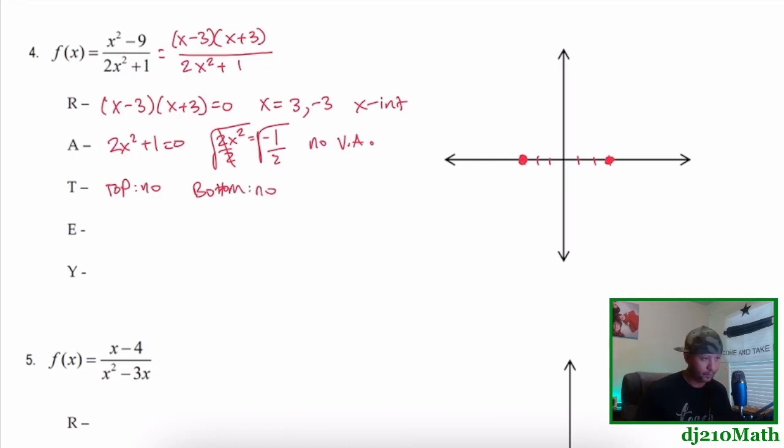Okay. We look at the end behavior. We take the degree in the numerator and the degree in the denominator. So both are 2. So it's balanced. So now we take the ratio of the coefficients. So y equals 1/2.